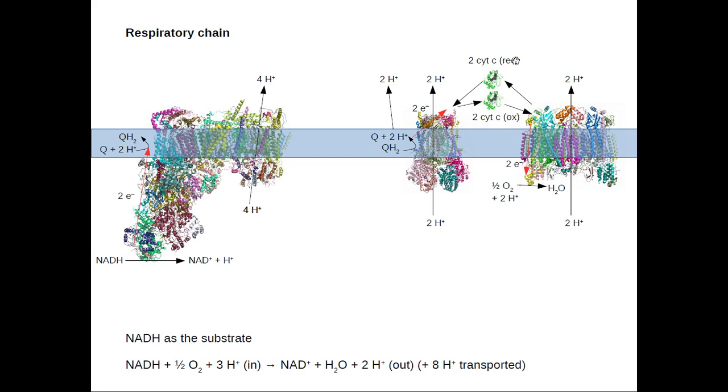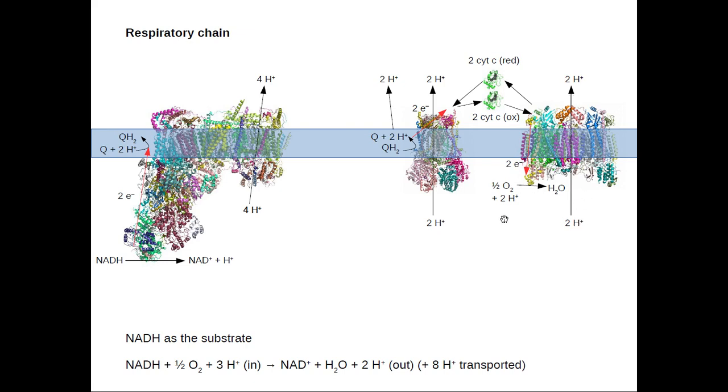Sorry, either swap this or swap the arrows. And this cytochrome C delivers electrons to complex number 4, which is cytochrome C oxidase. And cytochrome C oxidase takes these electrons, and from protons, electrons and oxygen, it forms water.